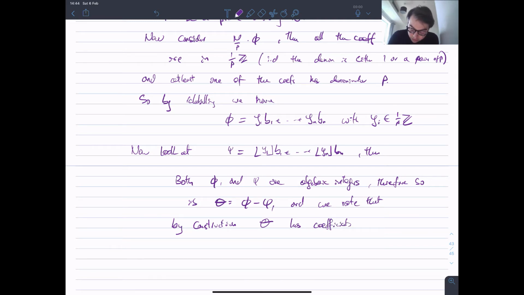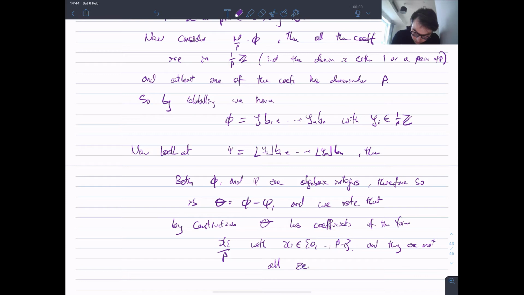By coefficients, I mean the coefficients of the bi, and the coefficients are of the form xi over p, with xi in 0 to p minus 1, and they are not all 0.